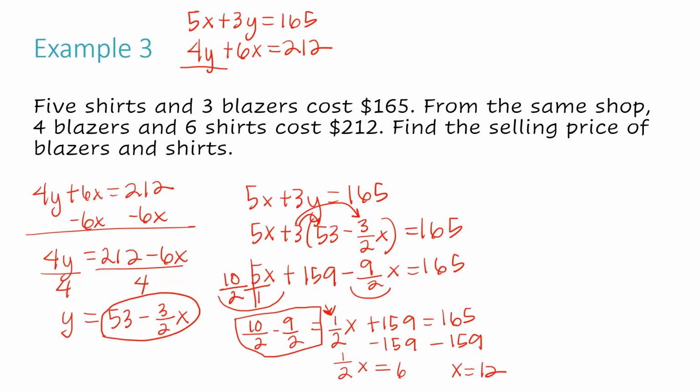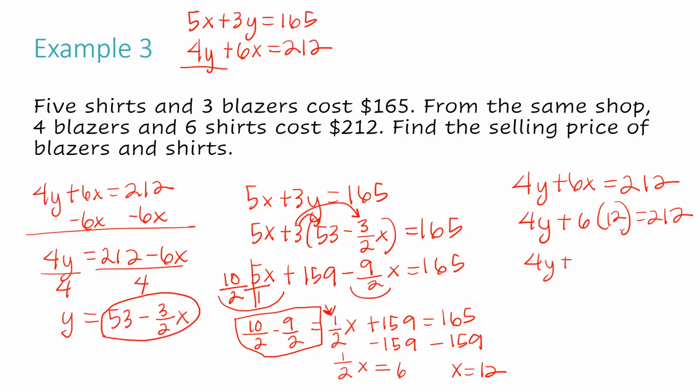Now I'm going to take this x equals 12 and plug it into the other equation, the one that I'm not working with, which is the 4y plus 6x equals 212. Okay, now I'm going to rewrite it, except here it's time for me to write x. Instead of writing x, I'm going to write 12. 4y plus what's 6 times 12? 72 equals 212.